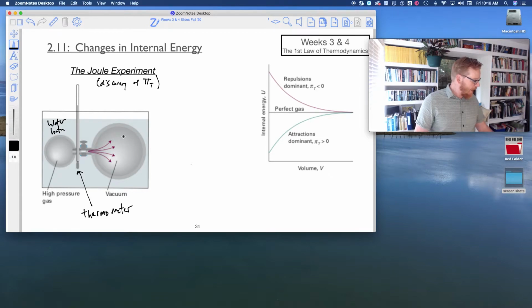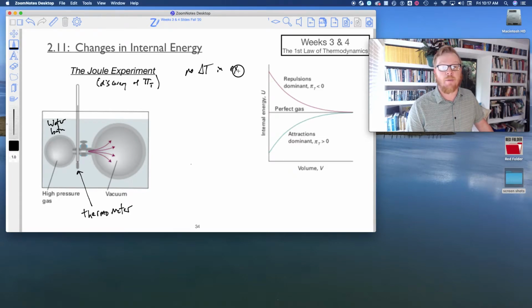But he didn't measure any temperature change at all. So there was no delta T in this original experiment.